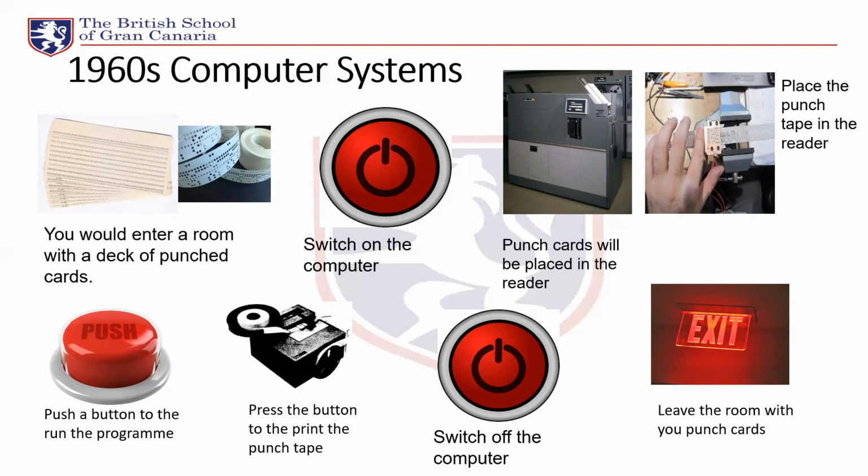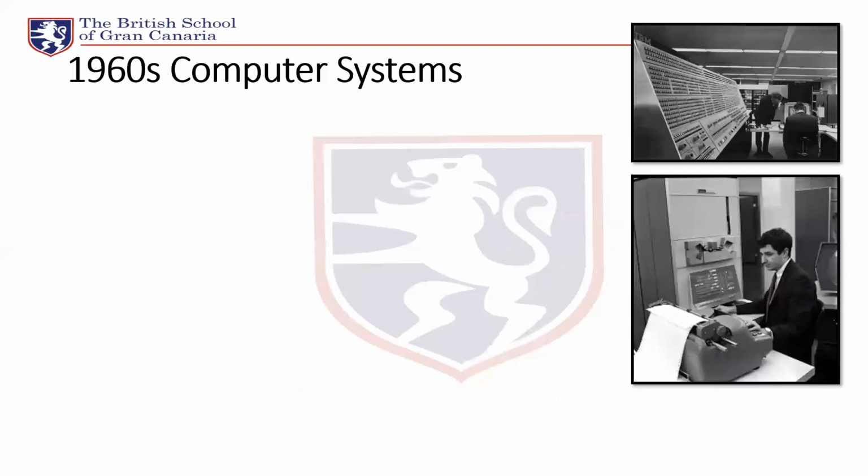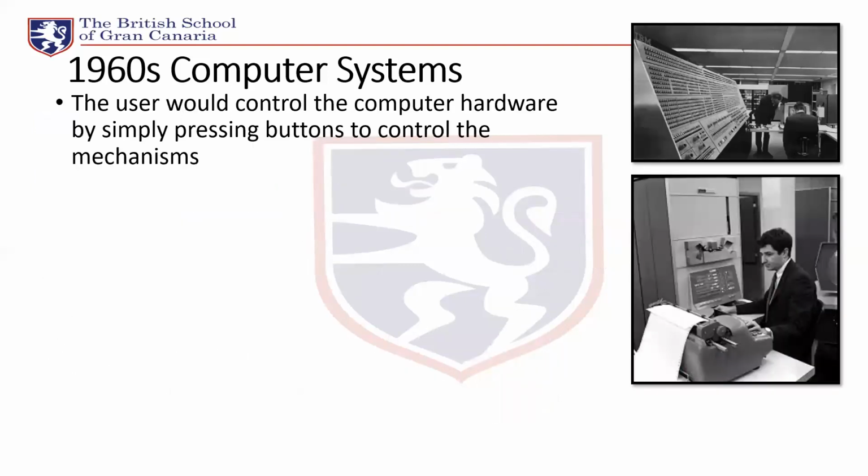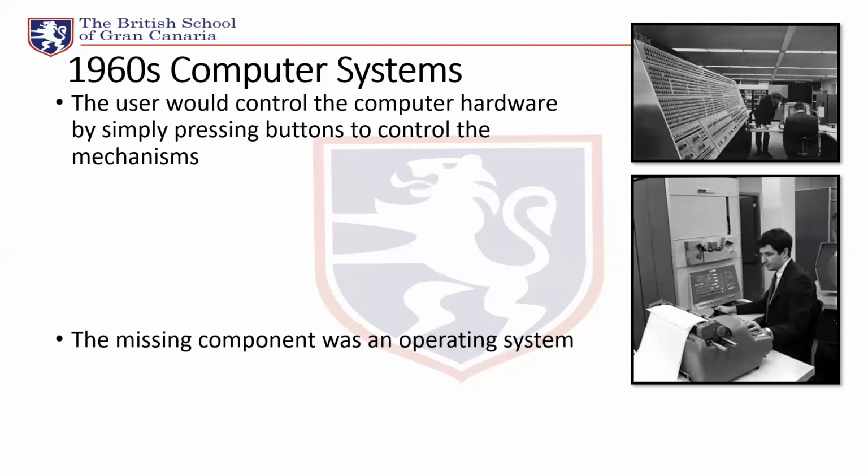Now, computers are designed basically to do what we can do as humans, but do them much faster. And that is what the computer would have done back then. So that is an earlier form of a computer. In the 1960s computer system, the user would control the computer hardware by simply pressing buttons to control the mechanisms, because they were very mechanical.